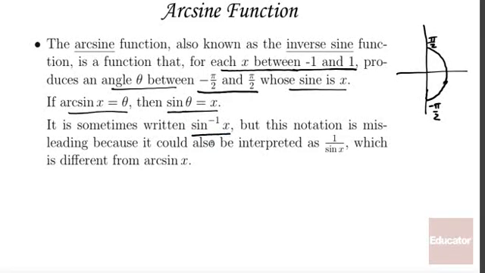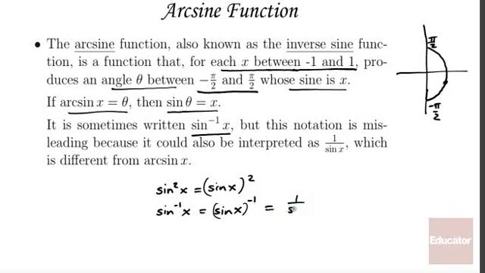This is very unfortunate because people talk about, for example, sine squared of x means sine of x quantity squared. And so you might think that sine to the -1 of x would be sine of x to the -1, which would be 1 over sine x. Now, that's not what it means.